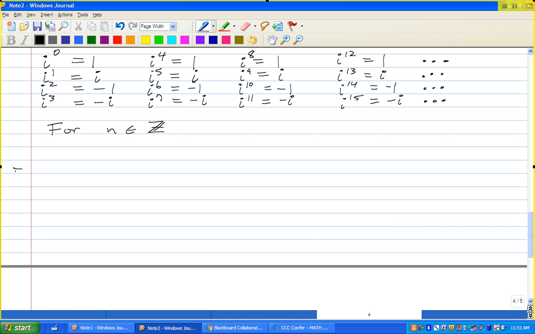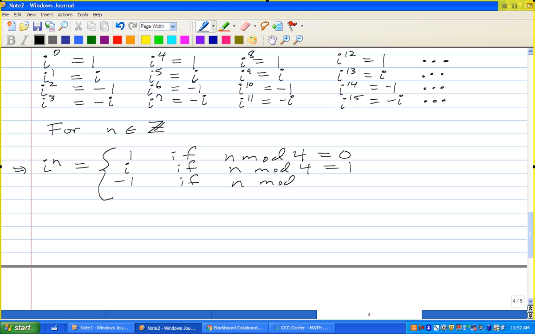Then i to the power n is 1 if n mod 4 is 0, i if n mod 4 is 1, negative 1 if n mod 4 is 2, negative i if n mod 4 is 3.